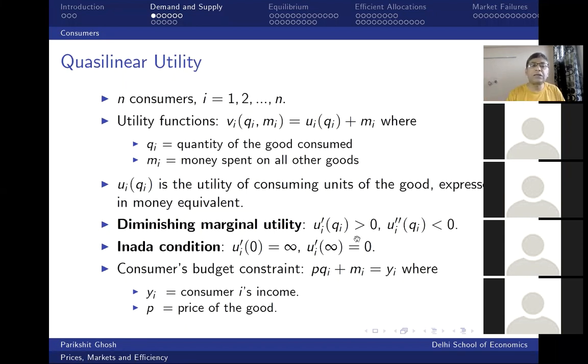This is sometimes called the diminishing marginal utility assumption, that for the first loaf of bread, I'm willing to pay, let's say, 10 rupees. But for the second loaf, I will be willing to pay less than 10 rupees, maybe 8 rupees. For the third loaf, even less than that, maybe 5 rupees, and so on, right? That's an assumption we are going to make.